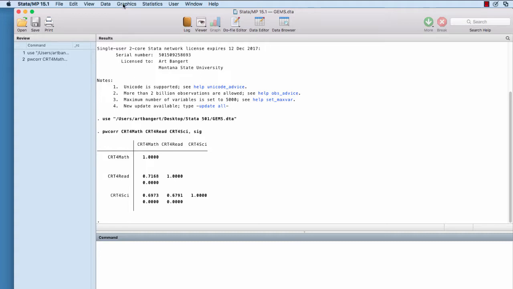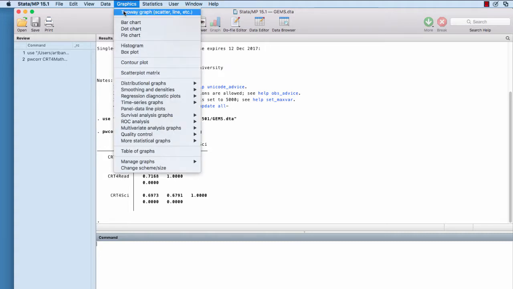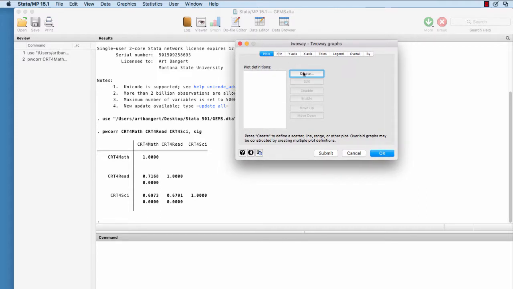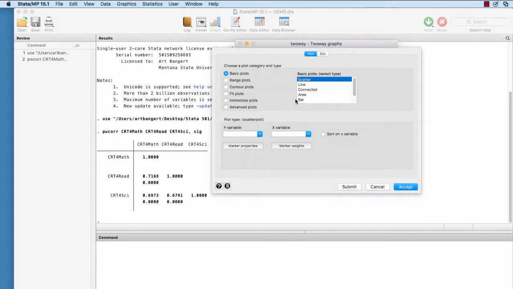But before I do that, I'm going to graph the relationship between the science and the reading scores. And so I'm going to use a scatter plot to do that. And the variable that I'm predicting, my dependent variable, is science.